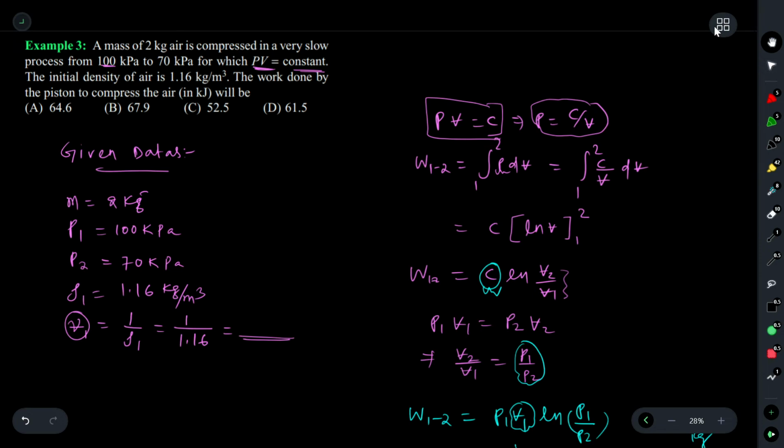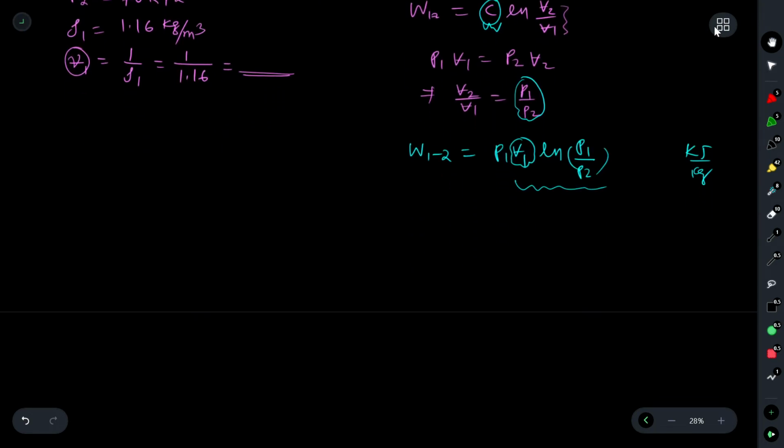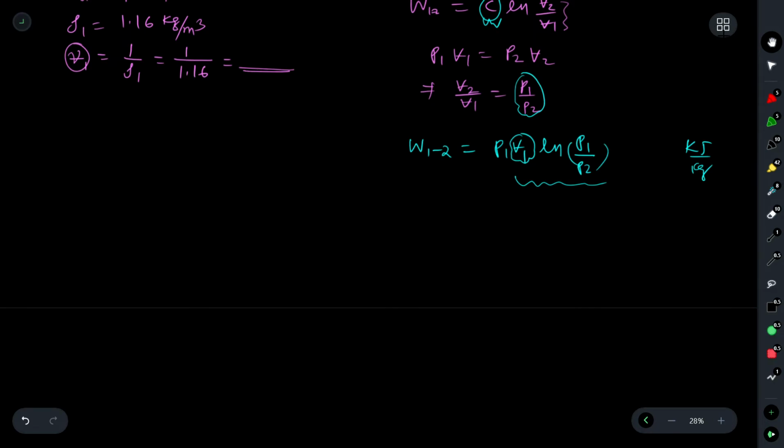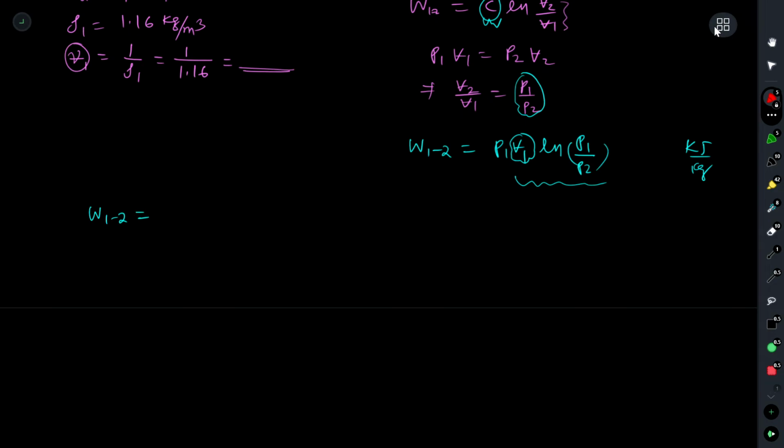Okay, so there is nothing now, we have to simply do the calculation. Let us put in the values given to us and try to find the answer. So W1 to 2 now can be written as P1, which is given to us as 100 kilopascal. Let us keep it in kilopascal only, because then we'll get the answer in kilojoule per kg, right?